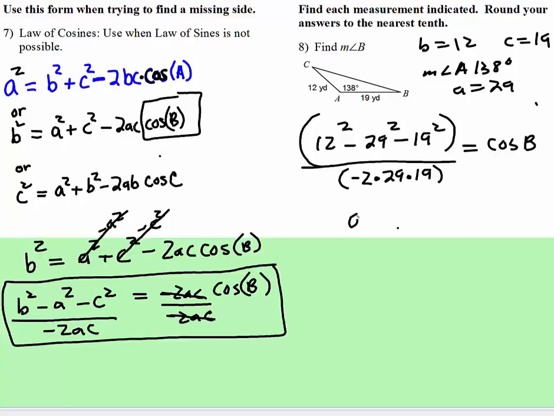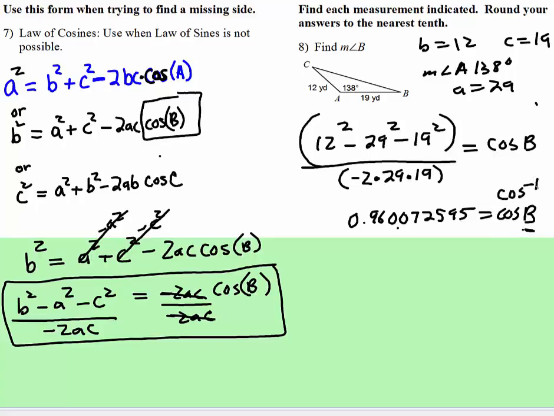This says 0.96. You do not want to truncate this, which is why you use the store button. If you just round this, you're going to have an off answer. Remember, when we're looking for an angle, we use the second button.